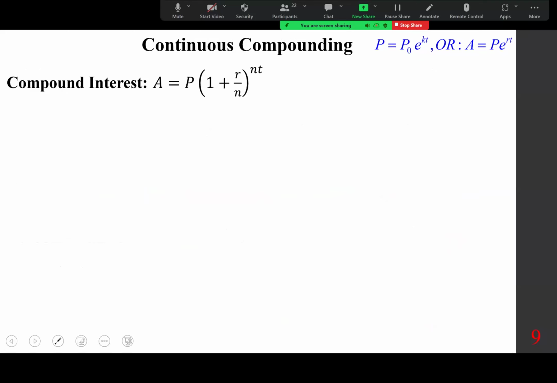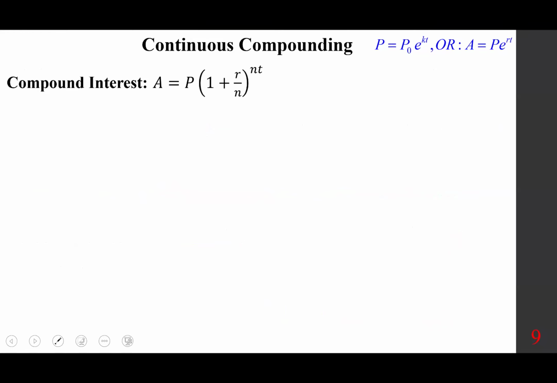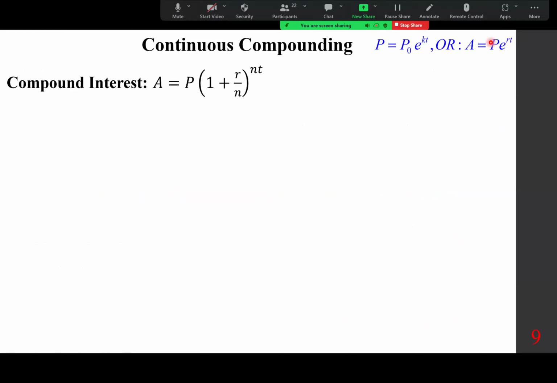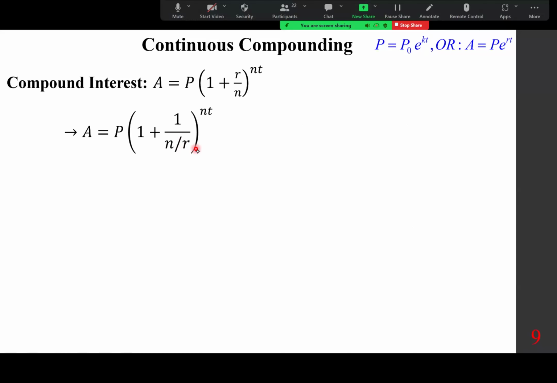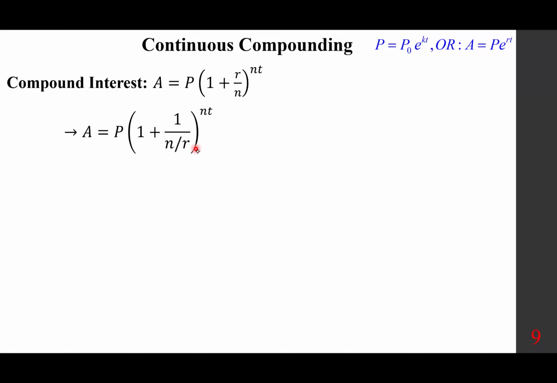Now, the continuous compounding is what we established here. Let's look at the justification for that. If we let n over r be something like m, some variable, not n, not r, not p, not a, for example, m.